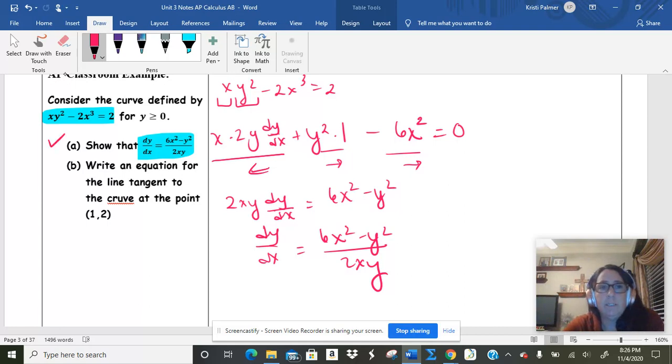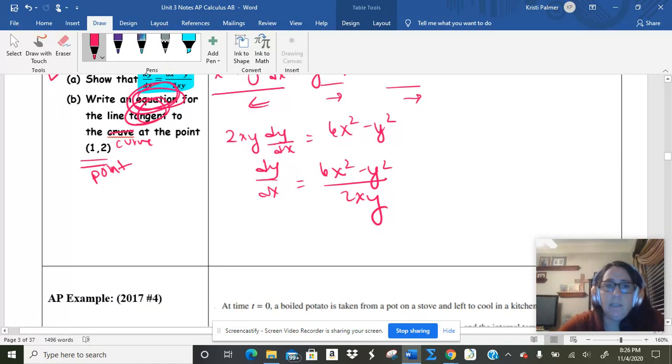So now it wants me to write an equation for the tangent line. Oops, typo, curve. Okay, at 1, 2. So I've already got a point here. I just need a slope. So I need to go find this dy dx evaluated at this point.